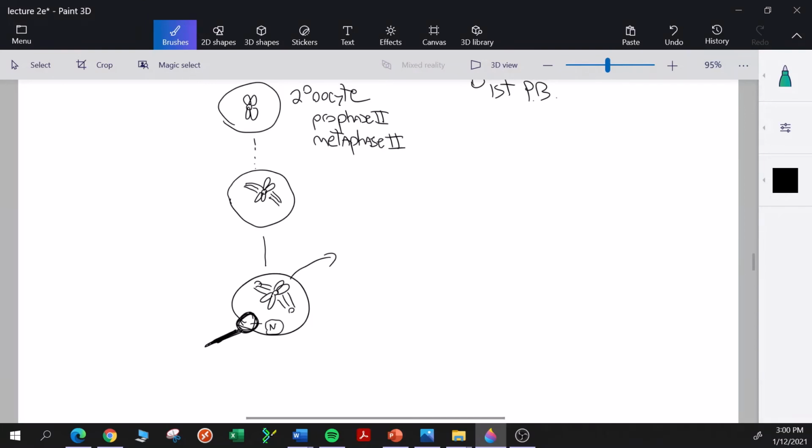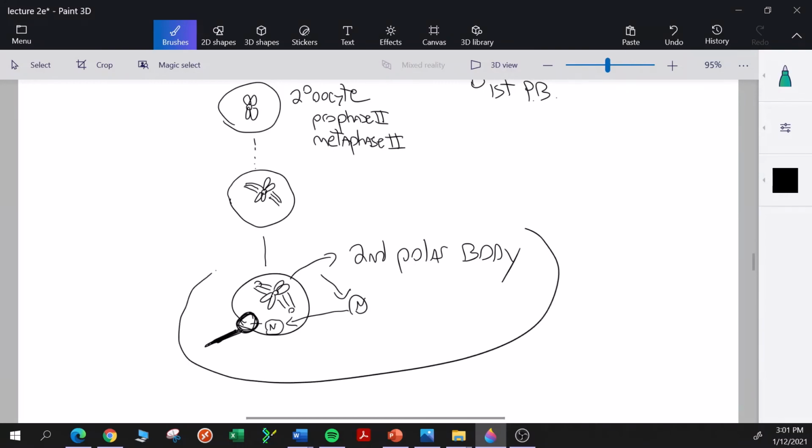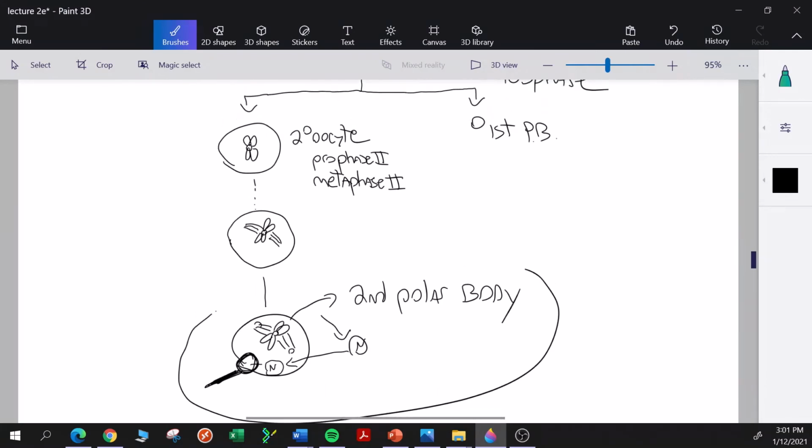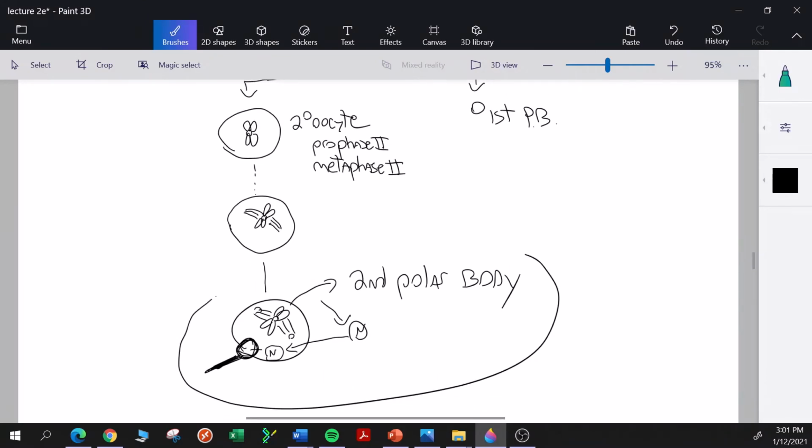One of the nuclei will go to the second polar body, and the other nucleus will be used to fuse with the nucleus from the sperm. So that's how the process works in humans.